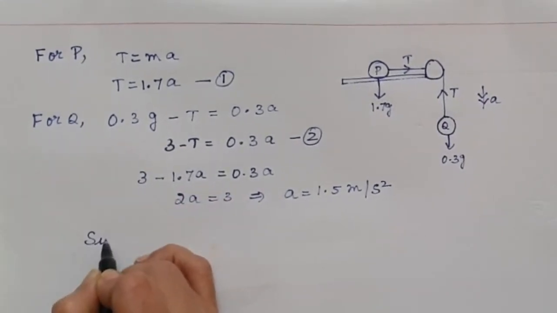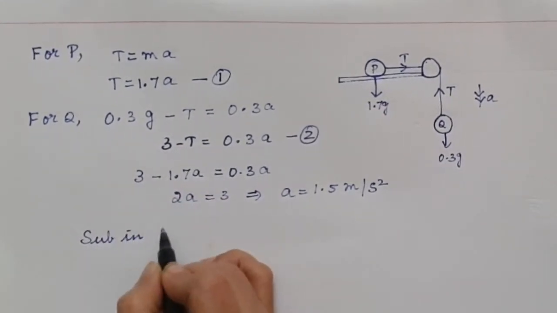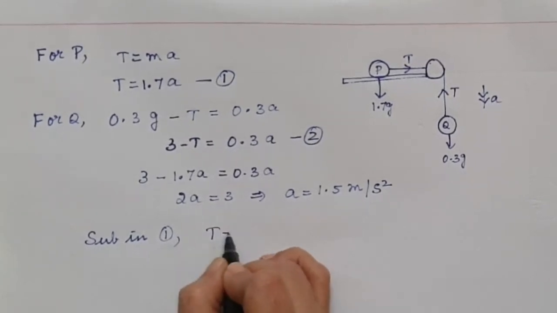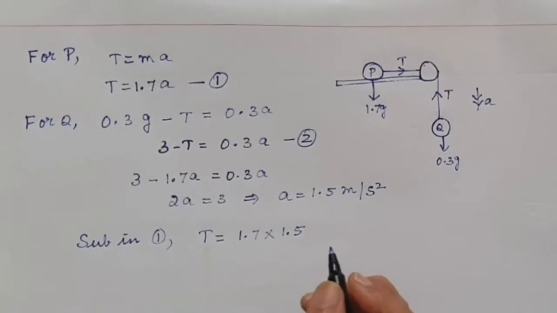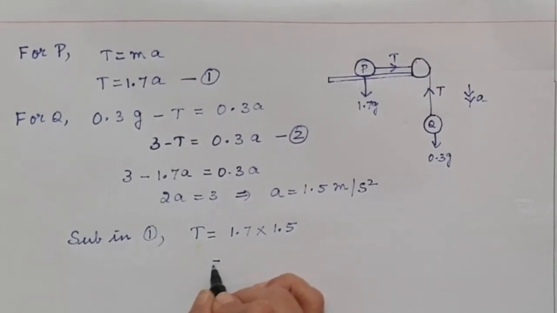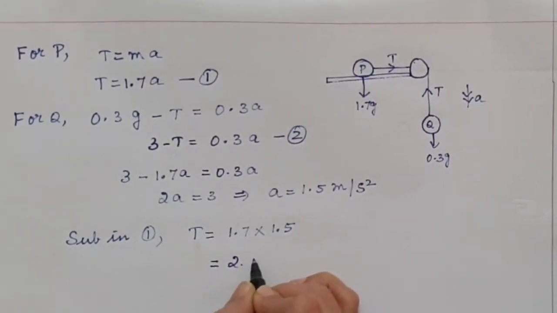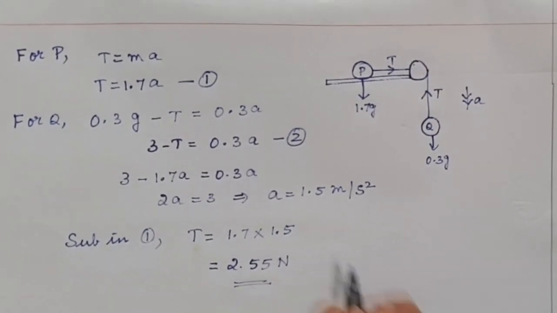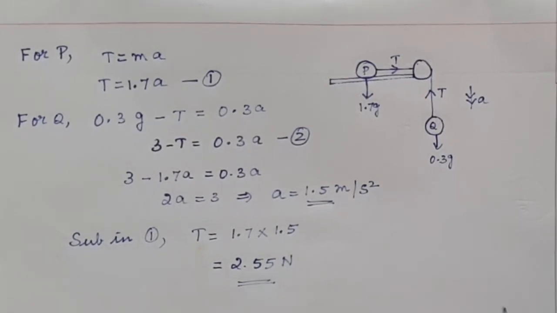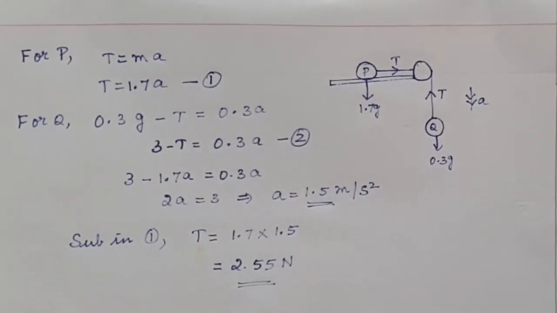Now substituting in 1, T will be equal to 1.7 into 1.5, so it will be equal to 2.55 Newton. So we have found the value for A and the value for T. Thank you.